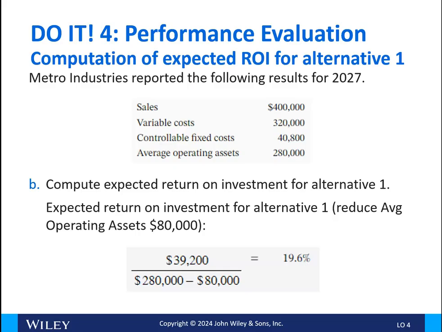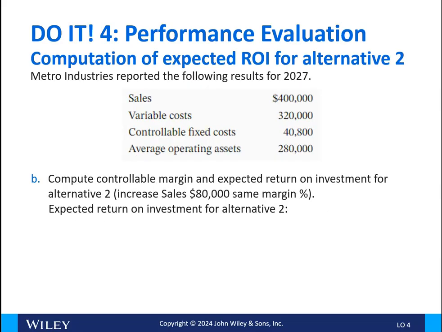Then we'll look at the other alternative, which is to increase sales 80,000, but we have the same contribution margin percentage. So our sales go from 400,000 to 480,000. Our variable costs are going to increase because we're going to have the same contribution margin percentage. And then we'll subtract our controllable fixed costs to get our controllable margin.